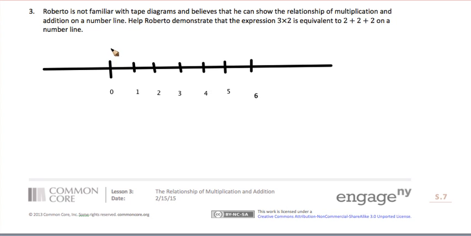So I have a number line, and we're going to show 2 plus another 2 plus another 2. And there we are showing 3 times 2 is the same as adding 2, 2, and 2.